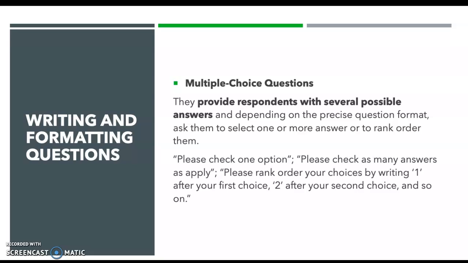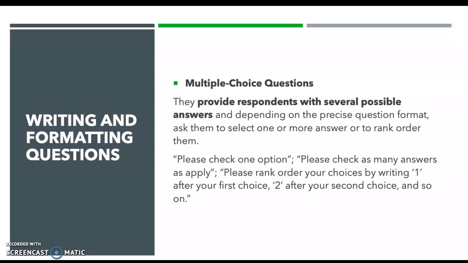The next one is multiple choice questions. Multiple choice questions provide respondents with several possible answers. Depending on the precise question format, you can ask them to select one or more answers, or to rank order them. So you can have a note saying please check one option, or please check as many answers as apply.